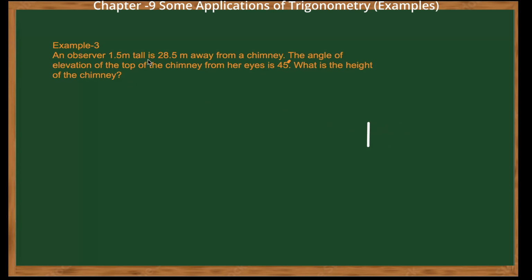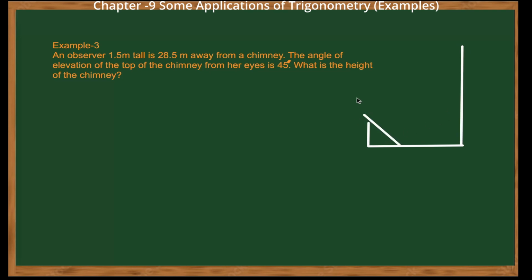The person is 28.5 meter away from the chimney, so I can assume this distance as 28.5. Let's assume this is the chimney.